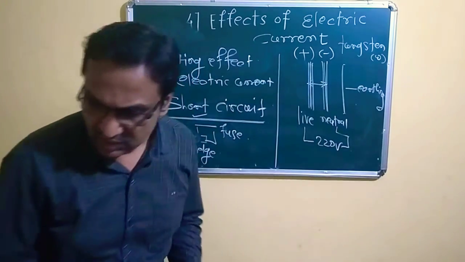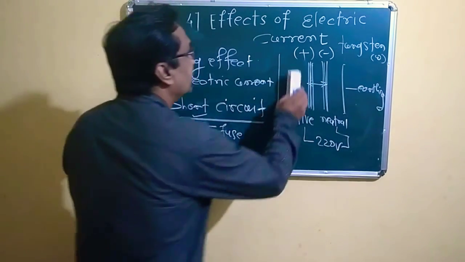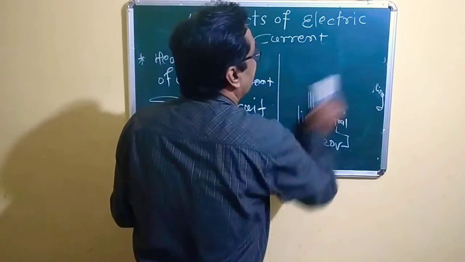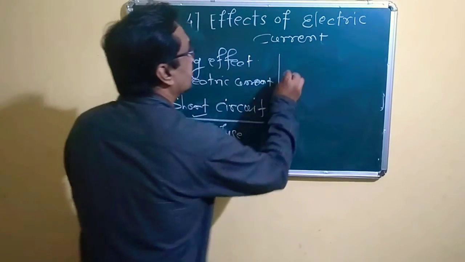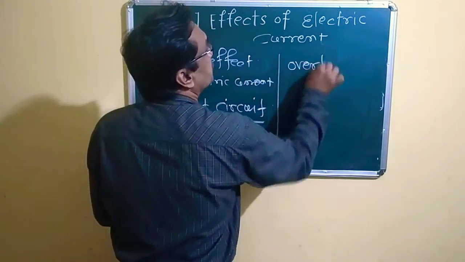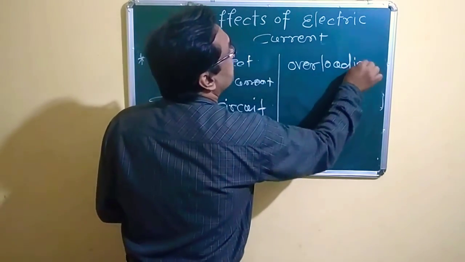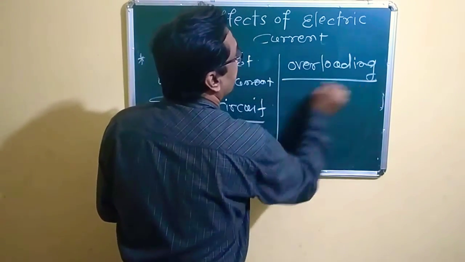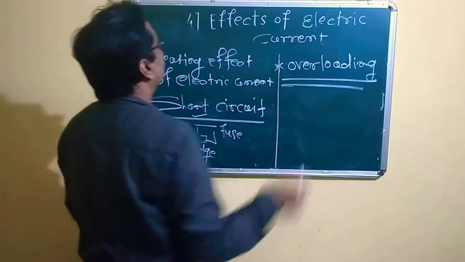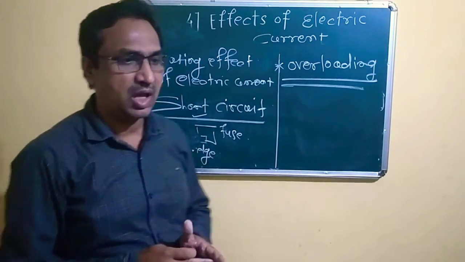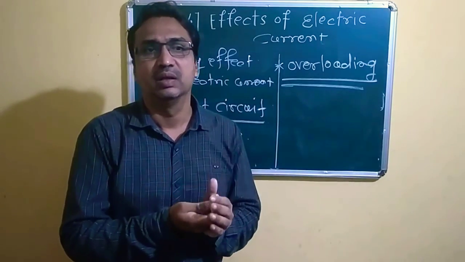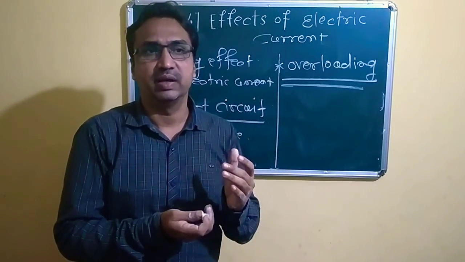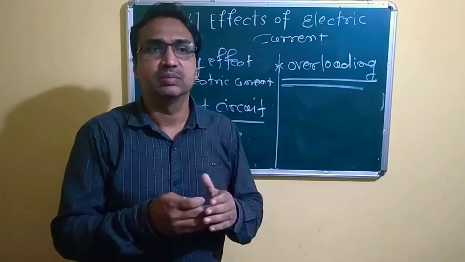So another thing we have to study today is overloading. Overload: you know that the amount of energy which we get from the electrical supplier is less than our need.